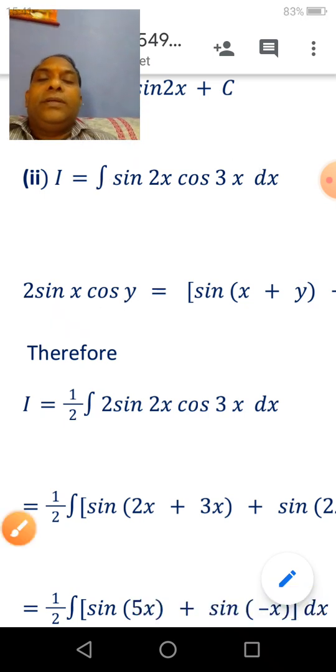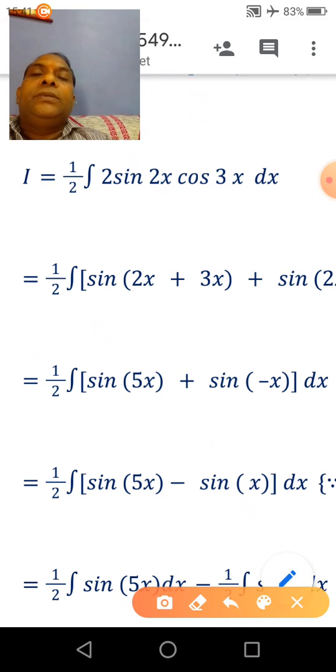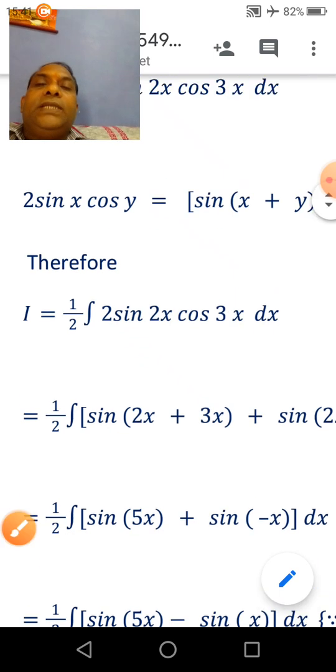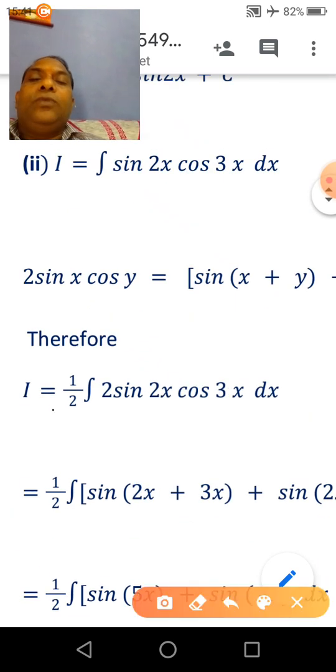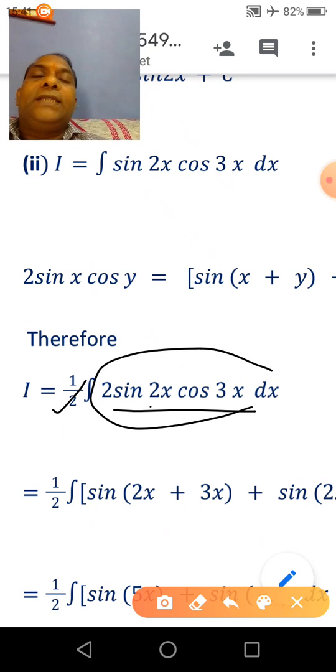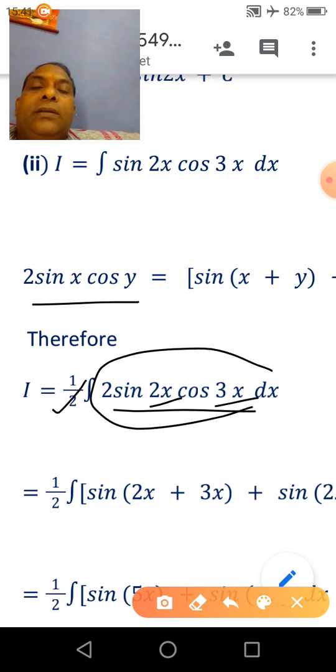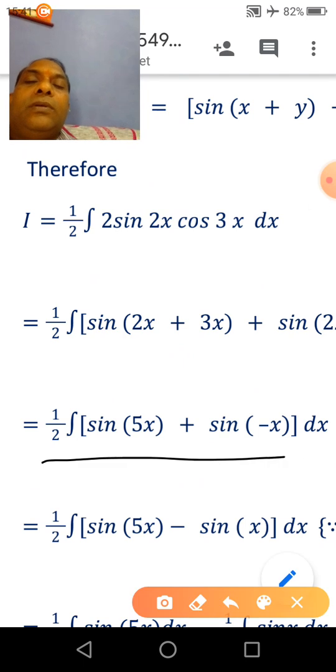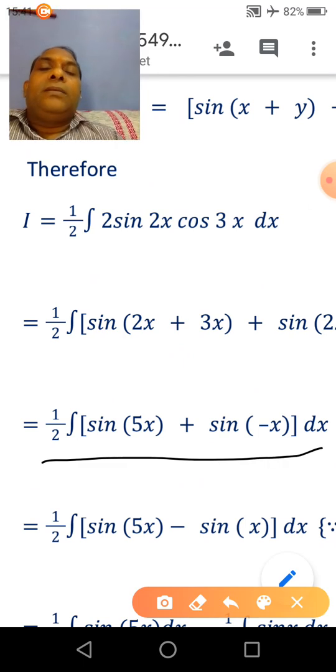So this will be equal to, firstly multiply and divide it by 2. Now here use 2 sin x cos y. So here x is 2x and y is 3x. To apply the same formula, so sin x plus y plus sin x minus y. Clear? So this will be equal to integration sin 5x plus sin minus x.